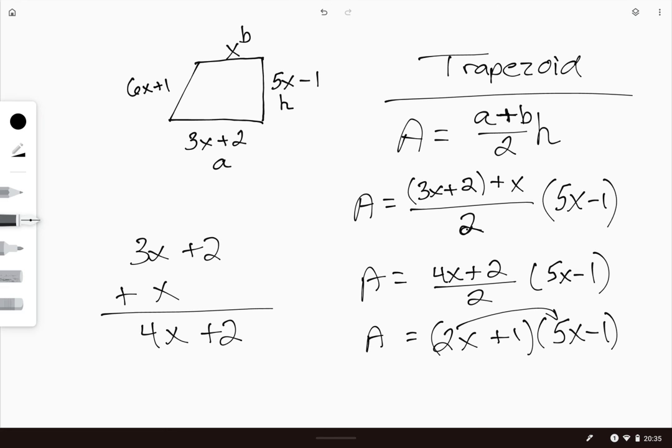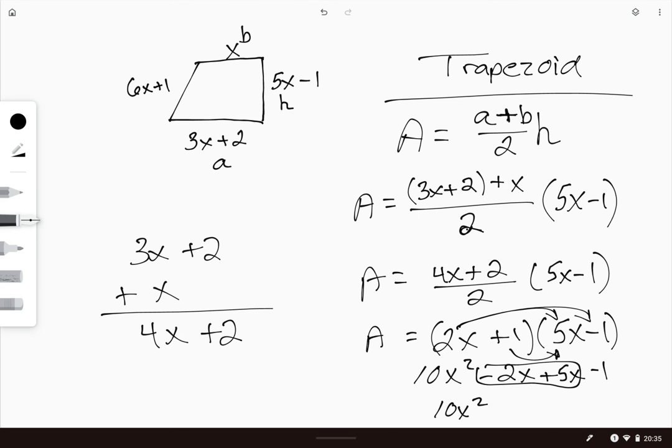So now I'll use FOIL. So again, 2 times 5 is 10. Keep the base, add your exponent, so 10x squared minus 2x plus 5x minus 1. And then to finish this off, I will combine my like terms, and that way it'll be written in standard form.